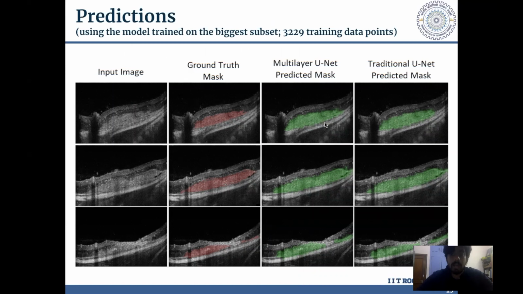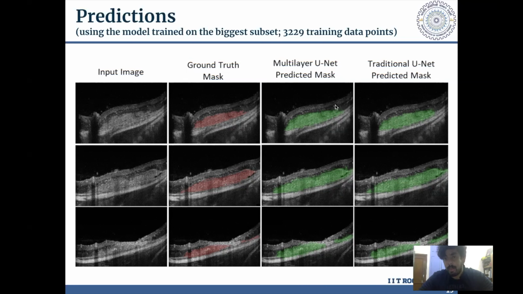As you can see, visually we cannot really see a lot of difference. If we look closely we can, of course, but from just skimming through the results, we can't really see much of a difference between the unit and multi-layer unit. But statistically speaking, as I showed before, multi-layer unit architecture performs slightly better than the unit architecture.